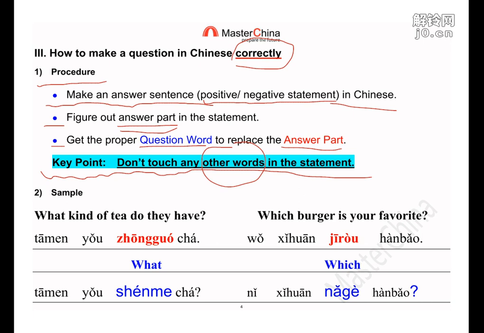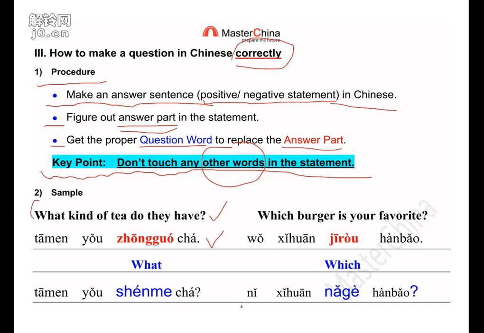To help you understand these 3 steps, I show you an example. First, if I want to make the question, what kind of tea do they have? I need to answer it first. For example, I will say, they have Chinese tea. So easy. This is an easy sentence for you now, right? You say, 他们有中国茶. This is the first step. Secondly, we need to find the proper question word. In English, we use what?